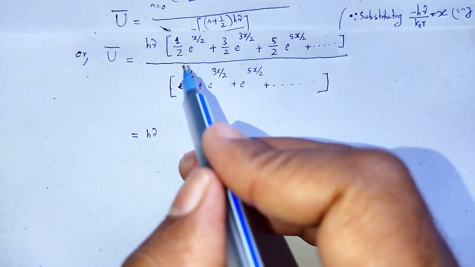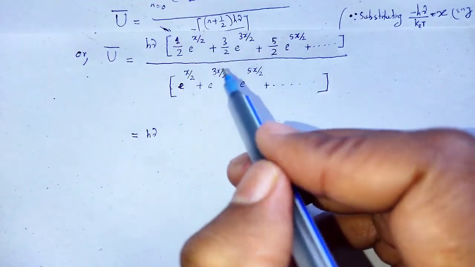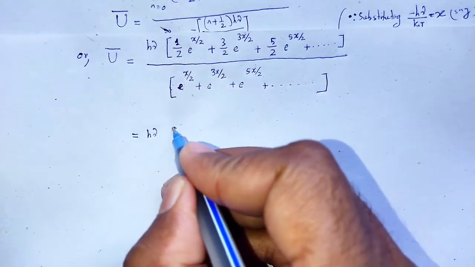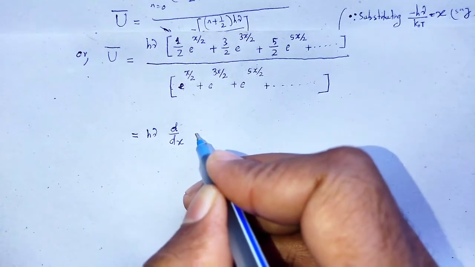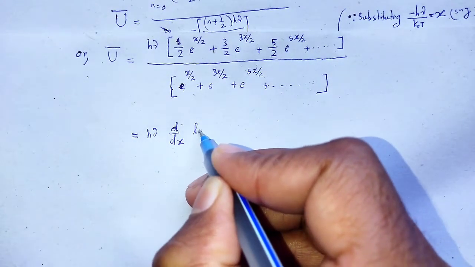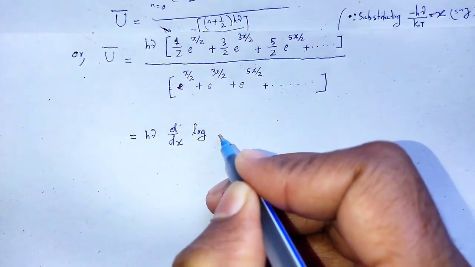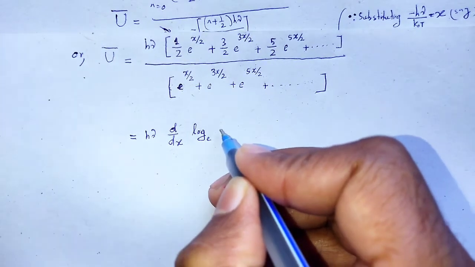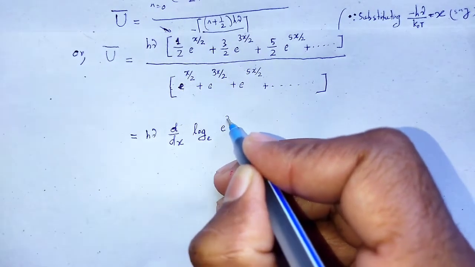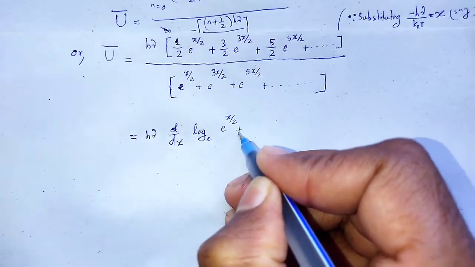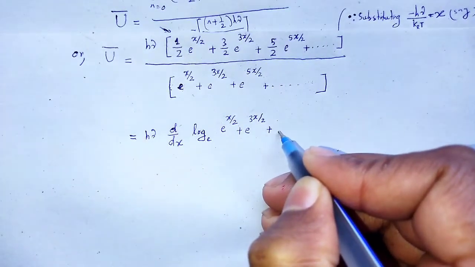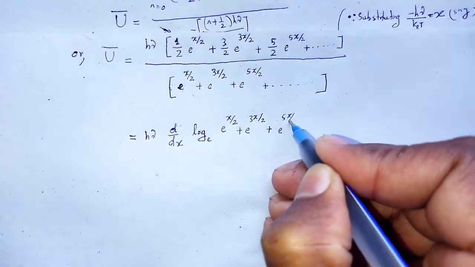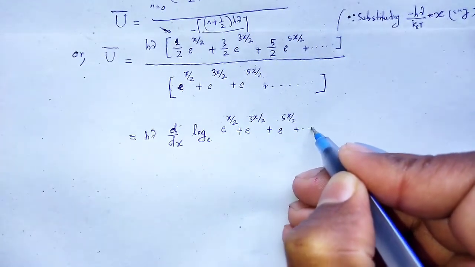That overall term can be written as the derivative, d by dx of log base e of e to the power x by 2 plus e to the power 3x by 2 plus e to the power 5x by 2 plus dot dot dot.